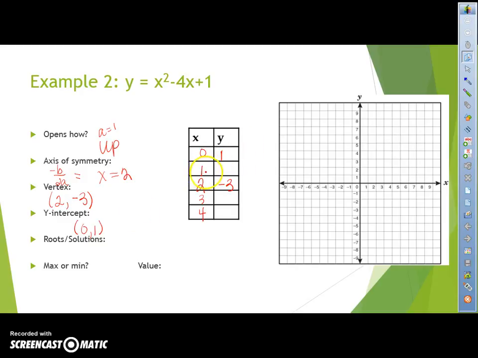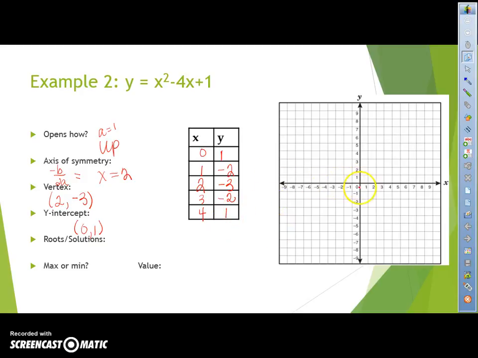And if we go ahead and evaluate these other couple of points, plugging in 1 gives us a value of -2 for y. Then we have -3, 3, -2. And then when we plug in 4, that's going to give us 1.